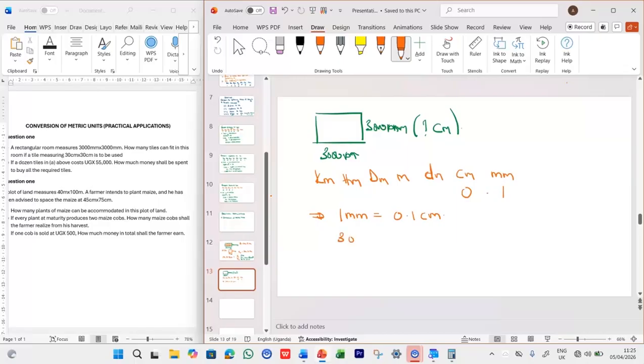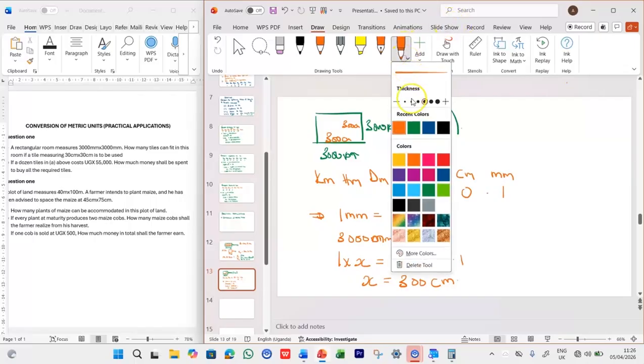So 3000 millimeters is equal to, we don't know, x. So 1 times x will give us 3000 times 0.1, and x will become 300 centimeters. So this side is 300 centimeters, even this side is 300 centimeters.